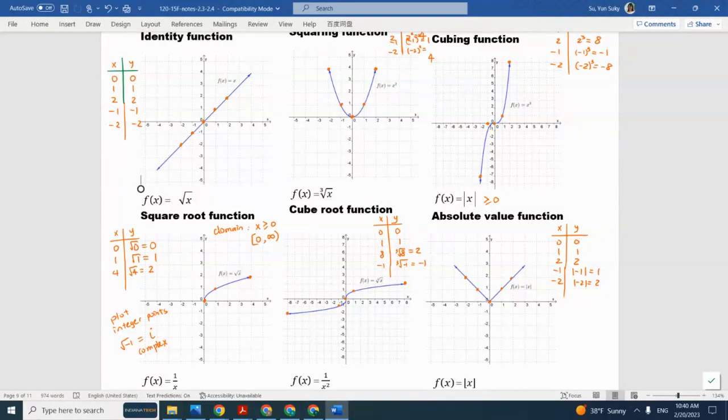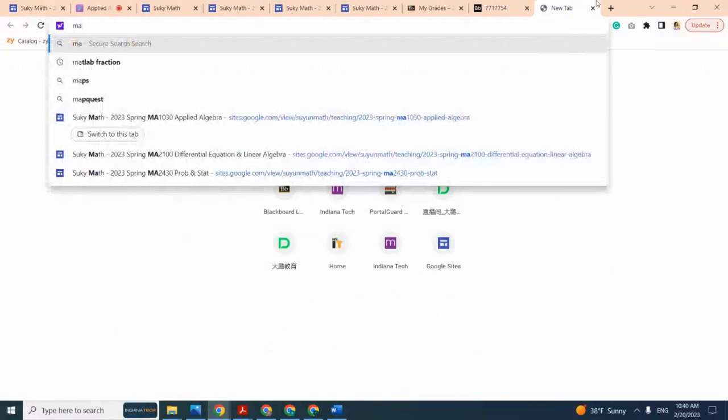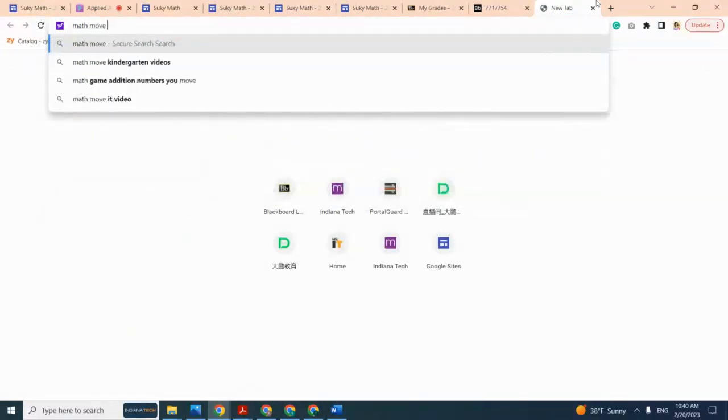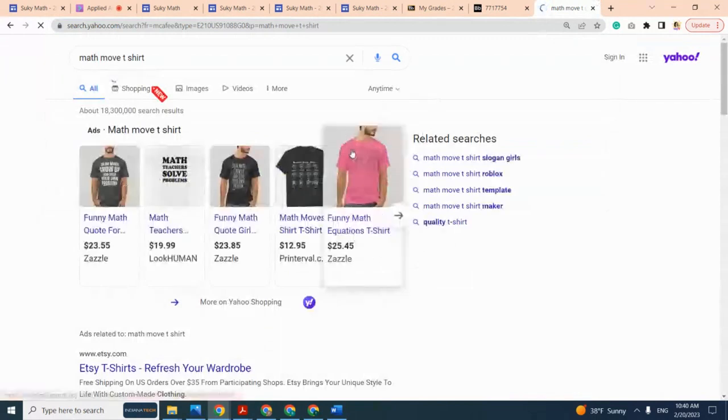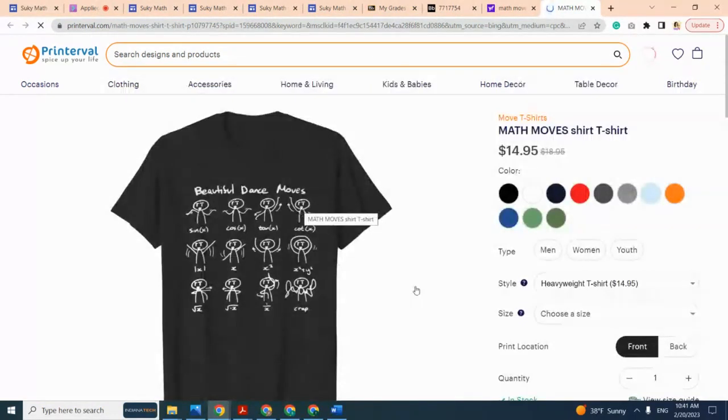Do you know there are some T-shirts like that? Okay, let me show you. You can maybe buy a T-shirt. Let's see, math move T-shirts. Let's see, which one?